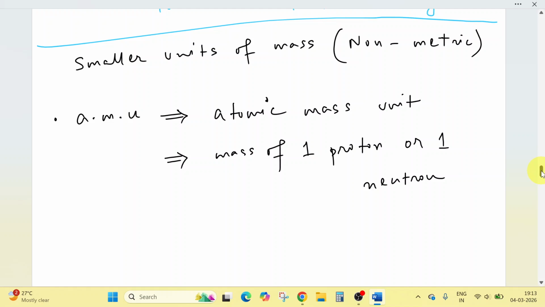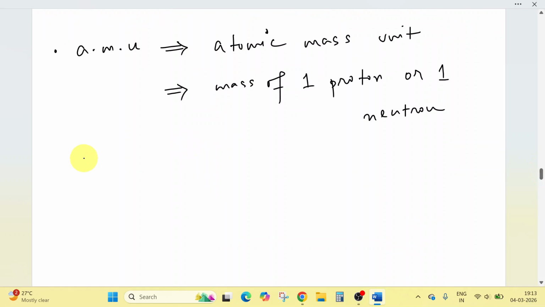Okay, now can you tell me, a hydrogen atom, what does it have? What are the subatomic particles present in a hydrogen atom? Anyone tell me?